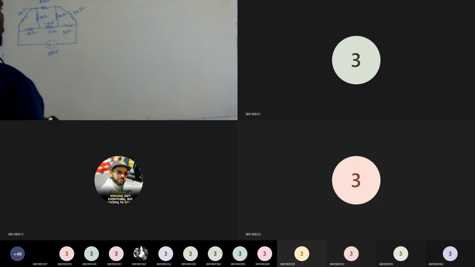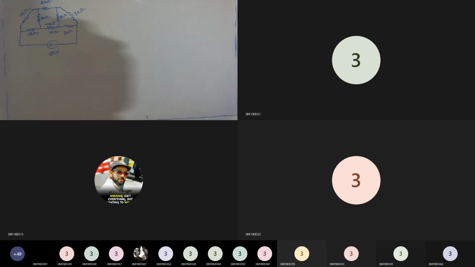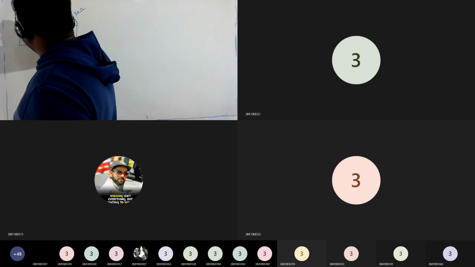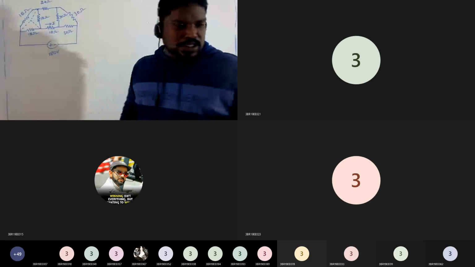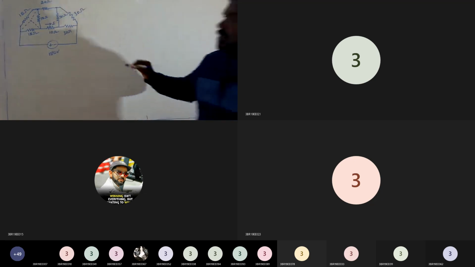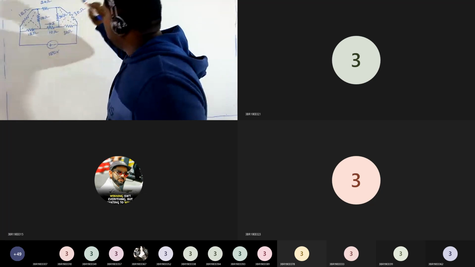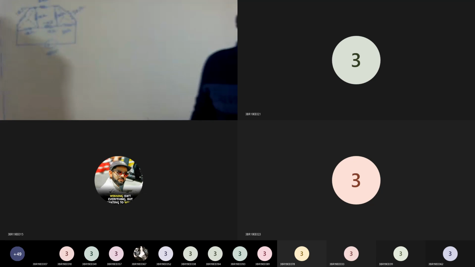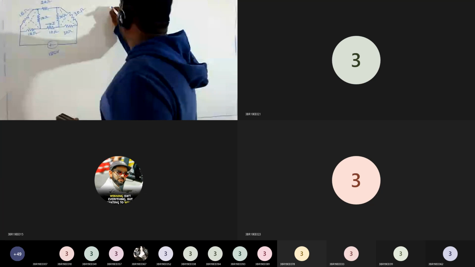How to convert that pi to delta, how to convert that to star? Two delta connected networks I am trying to transform to star. So again, I'll try to redraw it.